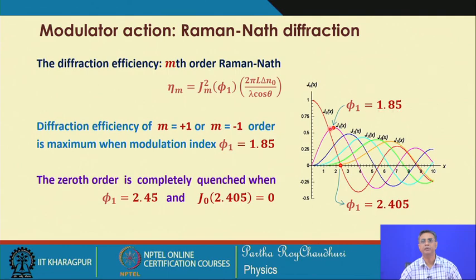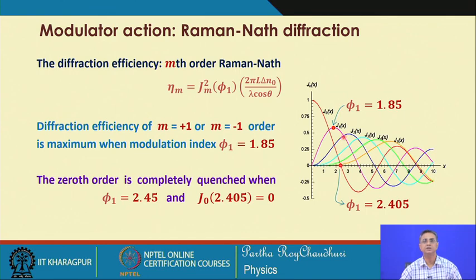So, these are the two main points which will guide the modulator design. At this point the first order diffracted beam will have the maximum intensity, whereas the 0th order diffracted beam will have the minimum intensity.